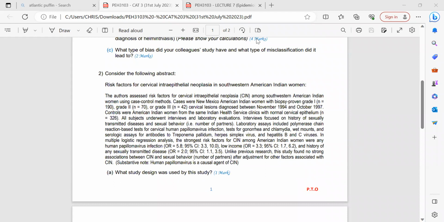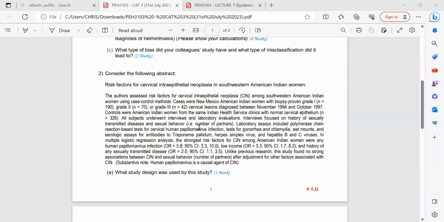Differential misclassification, because the degree of misclassification differs in both cases and non-cases. So that is the type of bias. Since that is the only answer we have for now, we can work with that.